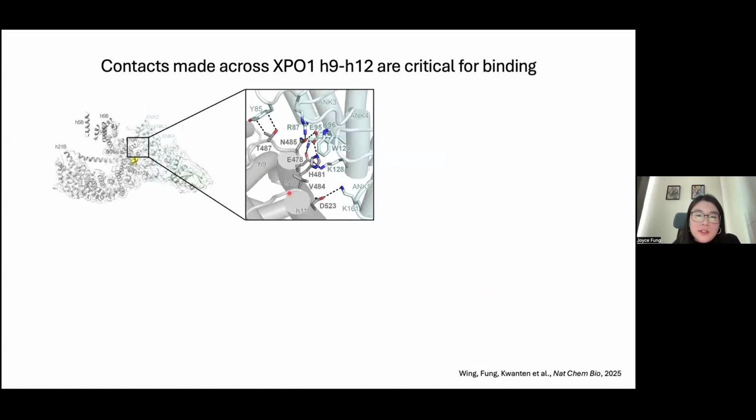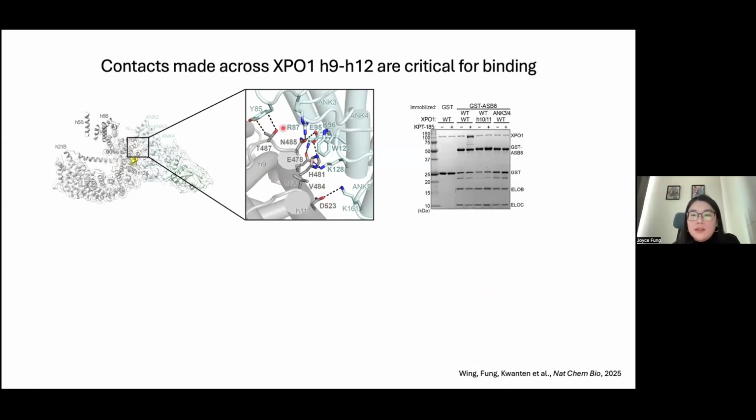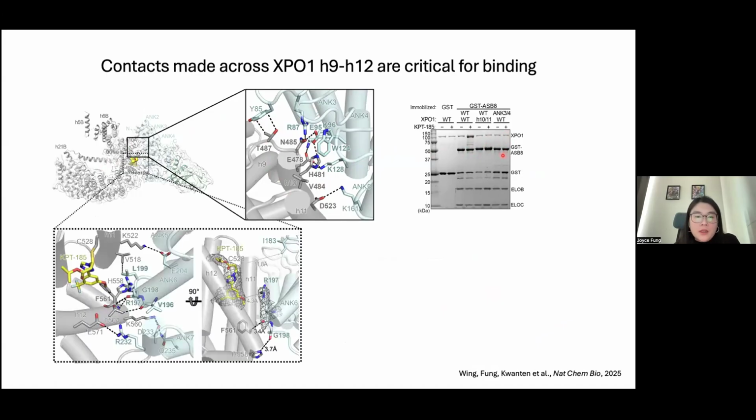Focusing on the interface on the top, close to HEAT 10 and 11 first, there are a lot of charged residues and also some van der Waals contact. If Casey mutated these residues, she could abolish binding of ASB8. Here's the wild type, here's the Expo1 mutant, and here's the ASB8 mutant, and there's no binding.